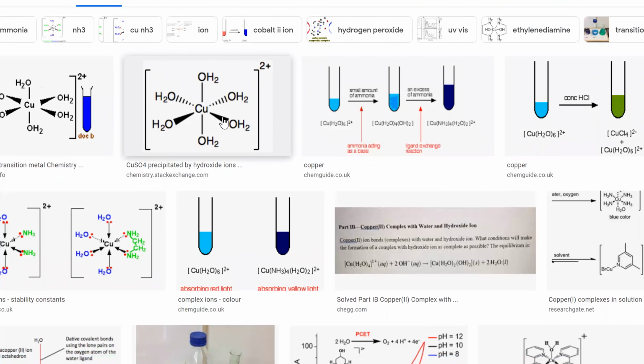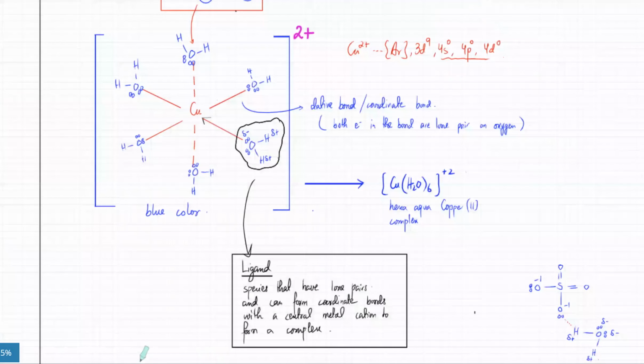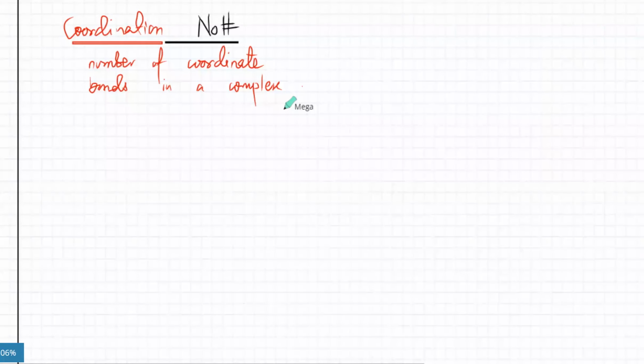Okay, let me draw this. As we've drawn one of them, I'll just quickly draw that. I'll draw all copper complexes which need to be remembered. So copper plus 2. Let's quickly draw the water one.